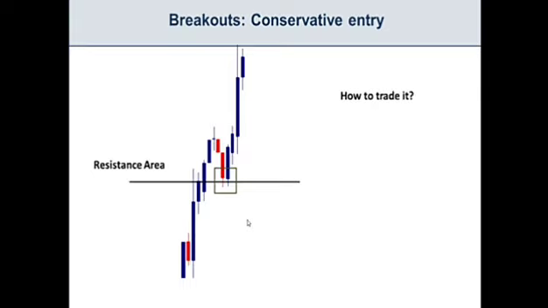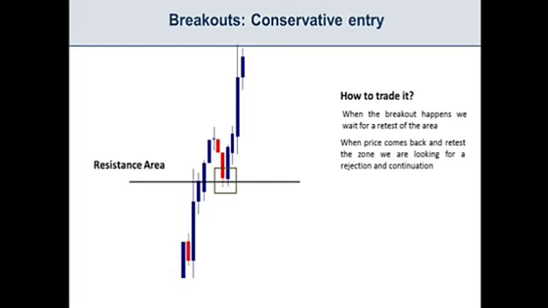Now, how do we trade this? When the breakout happens, we wait for the retest of the area. In this case, the retest of resistance area as support. When price comes back and retests the zone, we are looking for a rejection and a continuation, just like in this case. The long entry is after the bullish engulfing candle at the test of support.